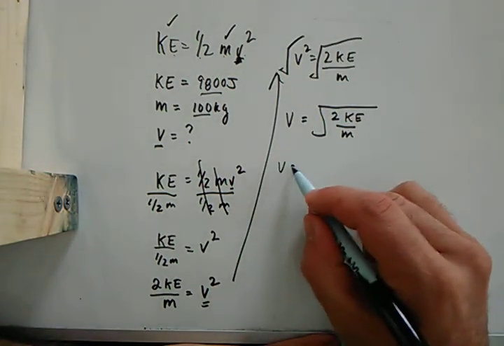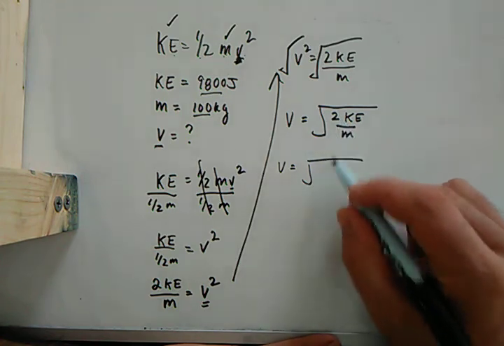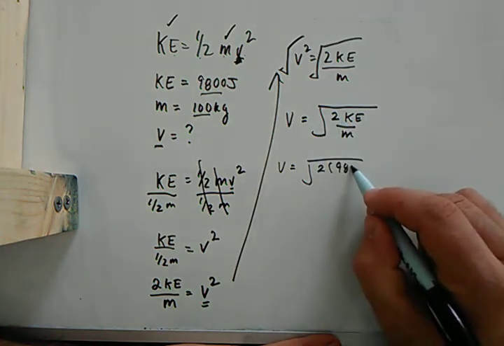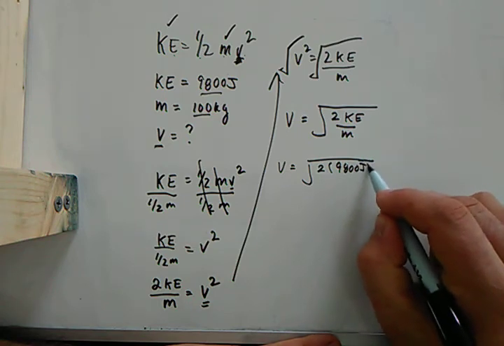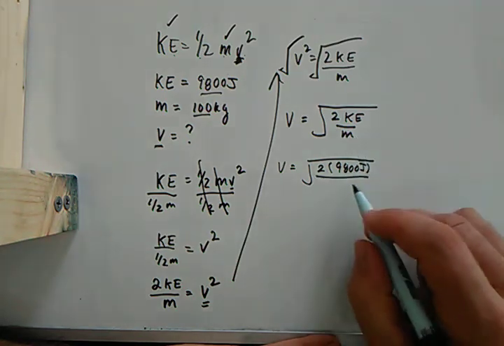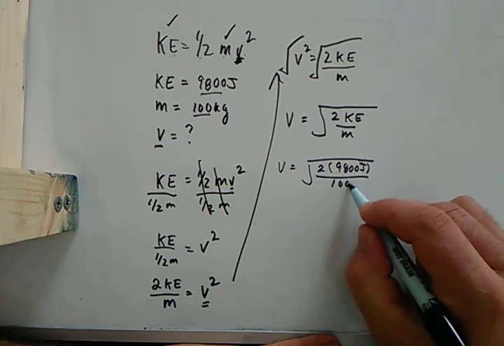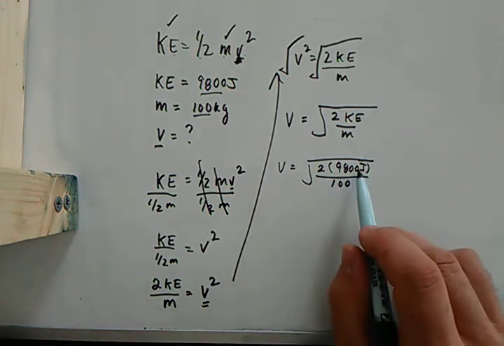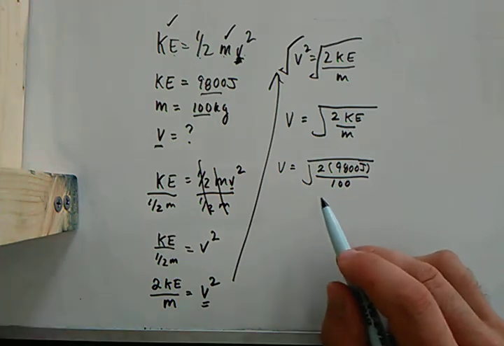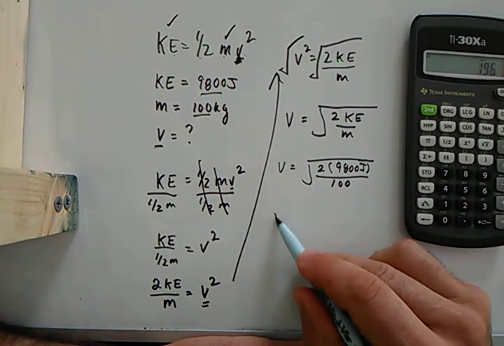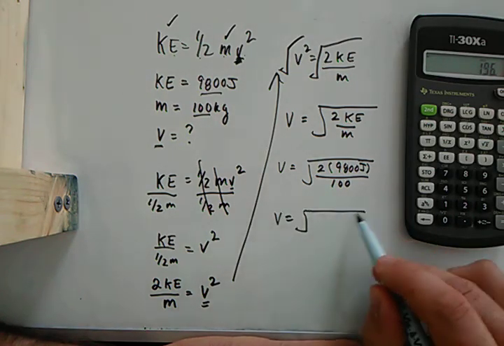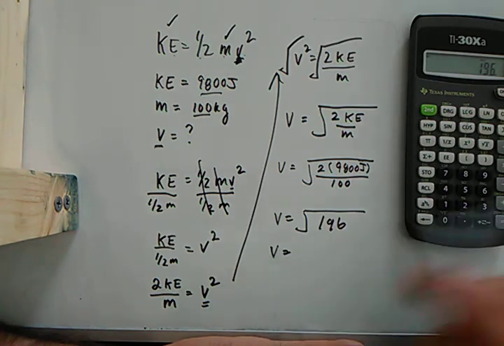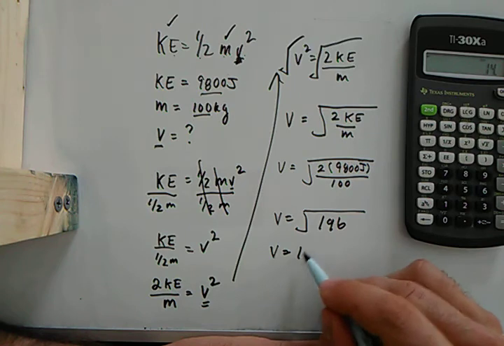So look, 2 times the kinetic energy, 9,800, over the mass, which was 100. In doing the math here, I ended up getting the velocity is the square root of 196, and the square root of 196 is 14.